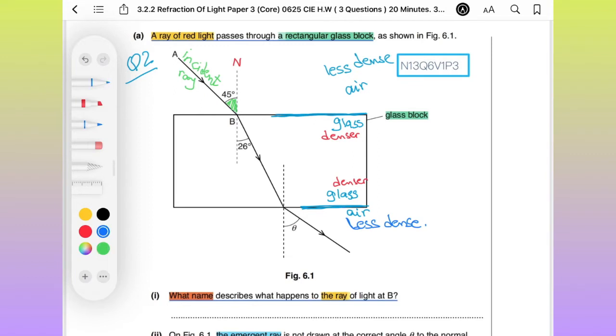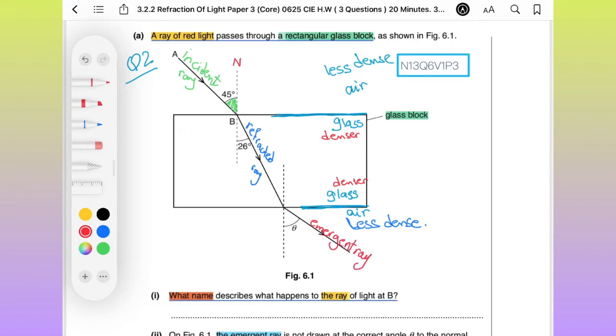Here we have from air to glass, the ray will be refracted towards the normal, so angle of refraction is less than angle of incidence. This ray is called refracted ray. The ray which emerges in air here is called emergent ray. So you have here emergent light ray.